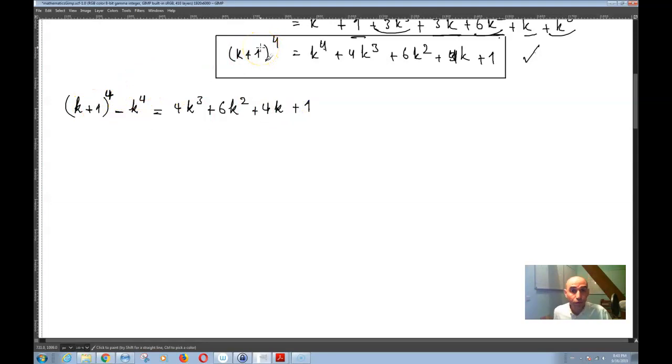So K plus 1 whole raised to the power 4 minus K raised to the power 4 is equal to 4 times K cube plus 6 times K squared plus 4K plus 1.